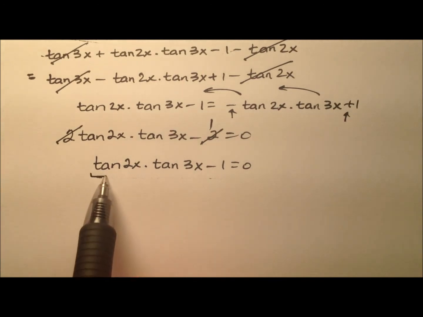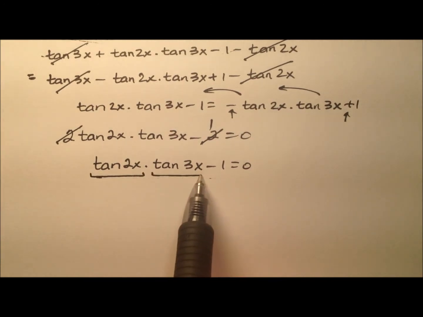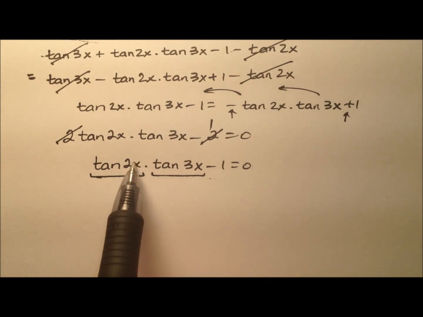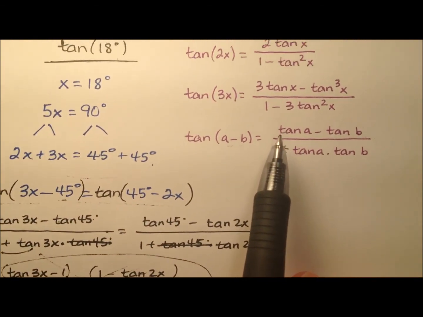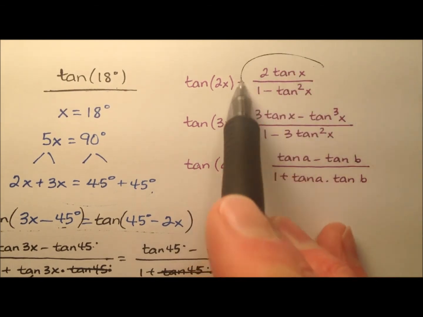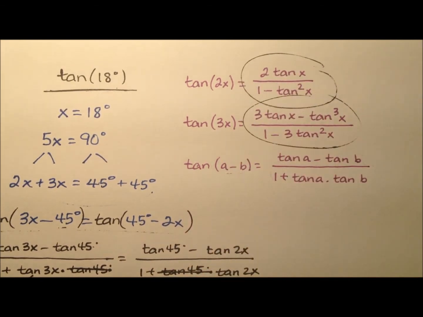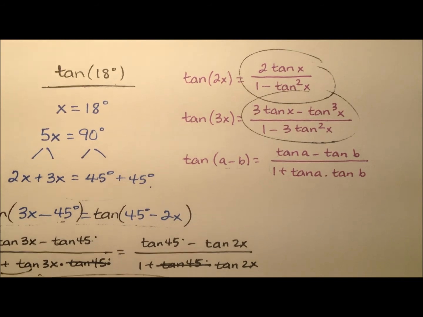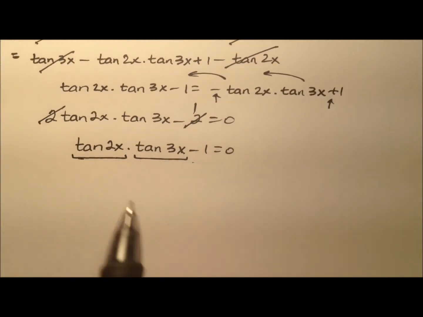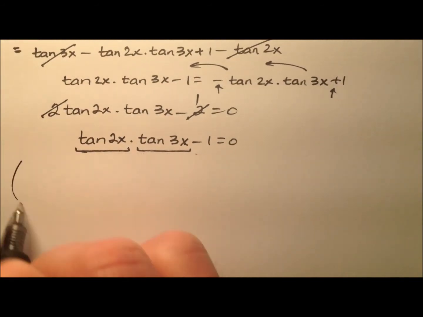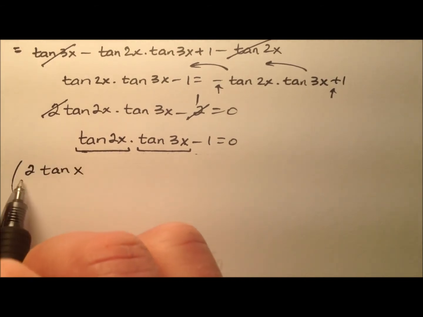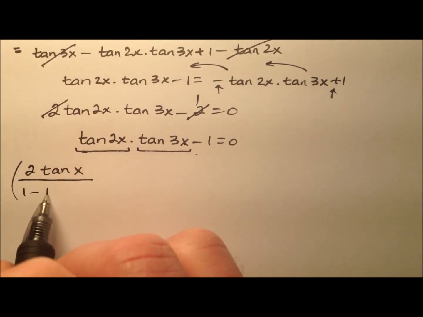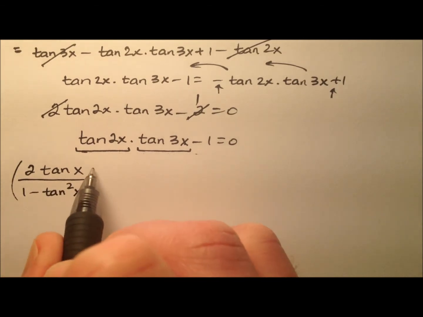Okay, so here we have the tangent of 2x and here we have the tangent of 3x. So this is our double angle identity and triple angle identity. So let's go ahead and replace those with these expressions. So our double angle identity is going to be 2 tangent of x over 1 minus tangent squared of x.